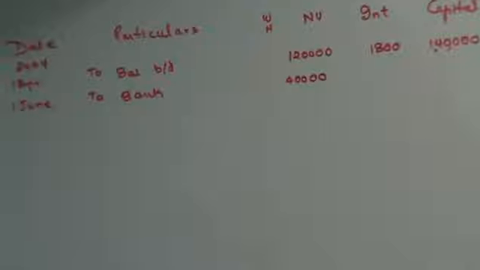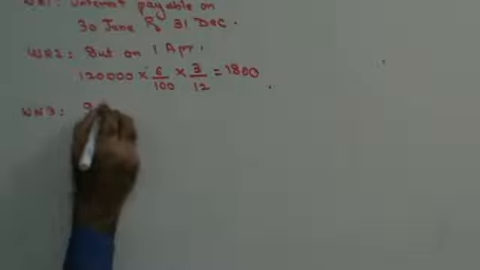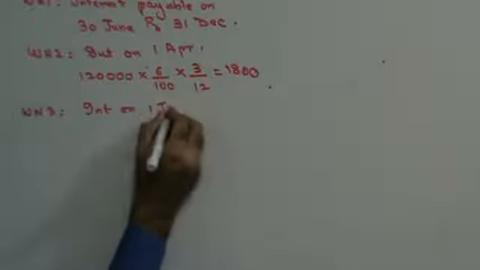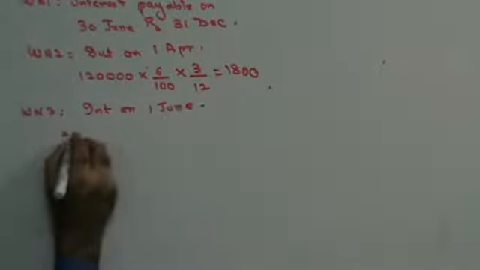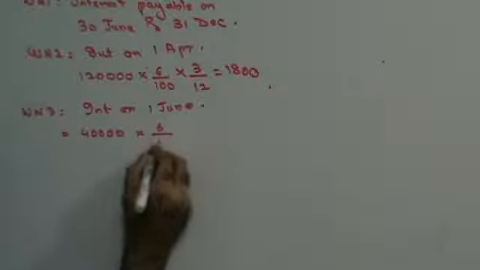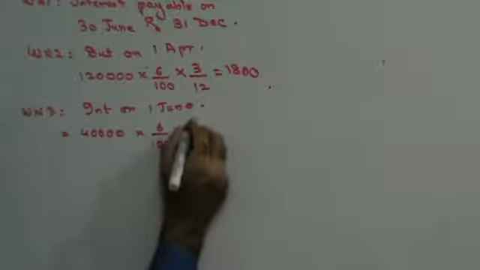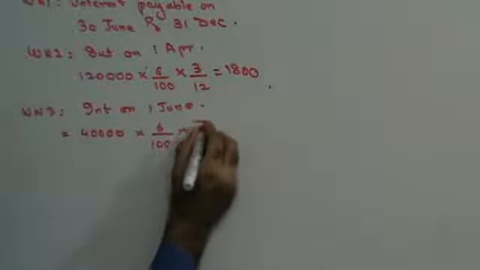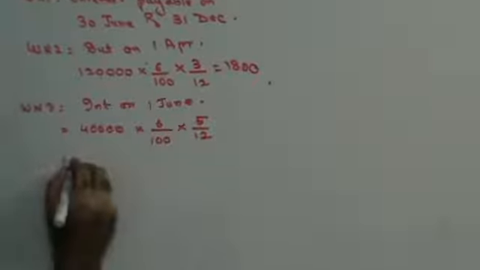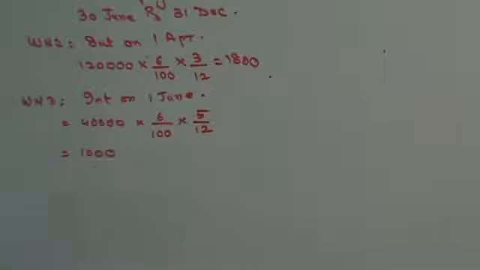Let's see the interest calculation. Working note 3: interest on 1st June. 40,000 into 6% into time from 31st December to 1st June, 5 months. 1,000. So the interest is going to be 1,000.